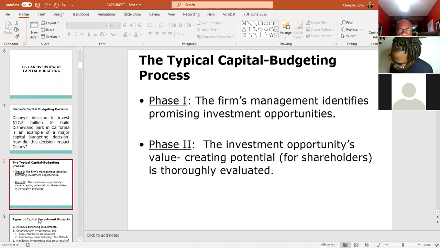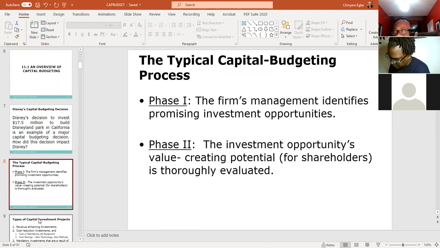First of all, you identify the promising investment opportunity, and that promising investment opportunity could be a new product that you want to launch. It could be a new market that you want to get into. Those are two good examples.